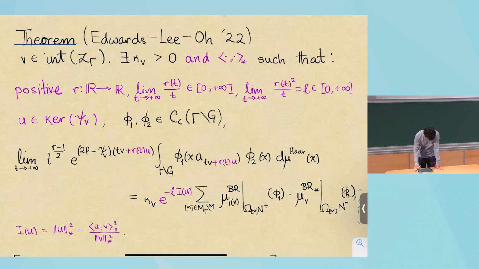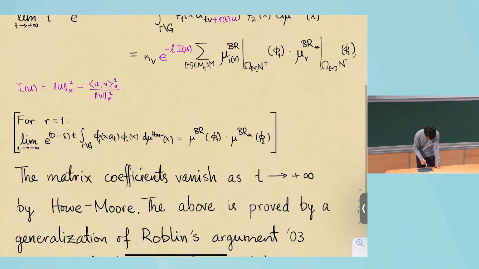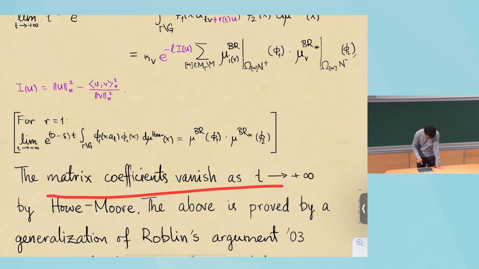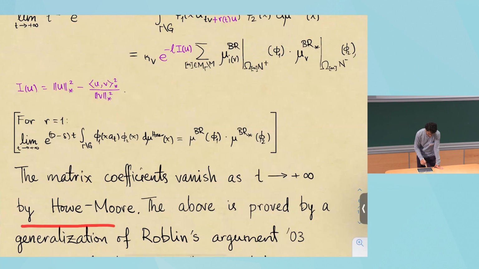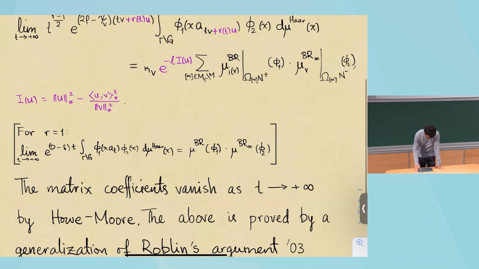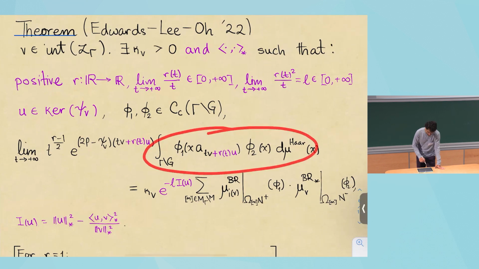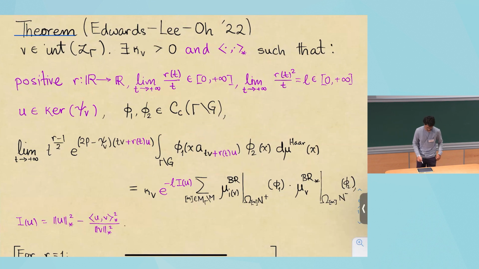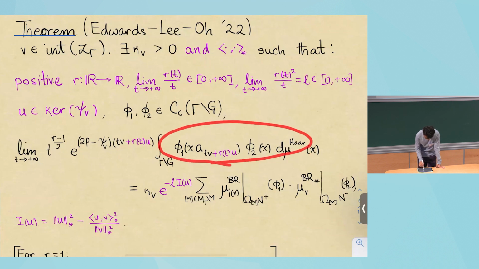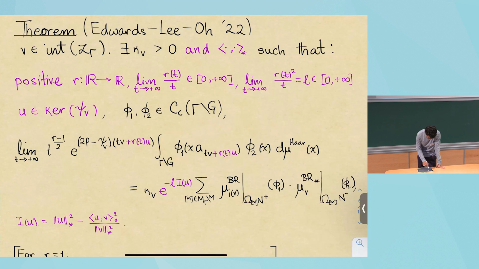The point is that we know that the matrix coefficients vanish by Howe-Moore, and this theorem is showing in what way this matrix coefficient is going to 0. So we can restate it in an asymptotic way, where you say that the matrix coefficient is decaying as 1 over this quantity here.